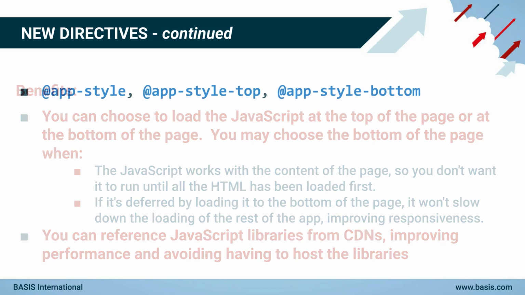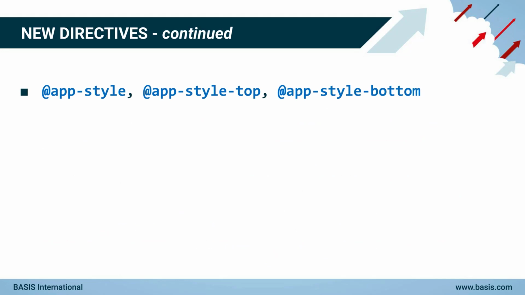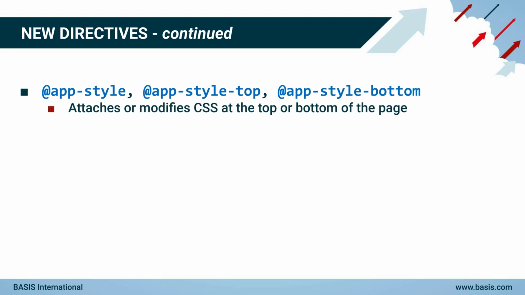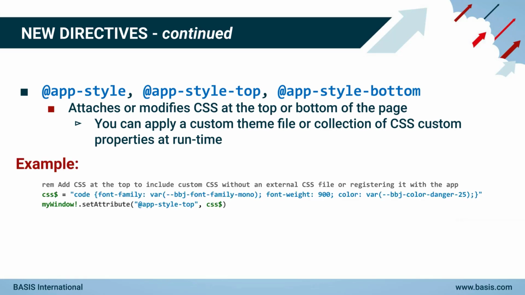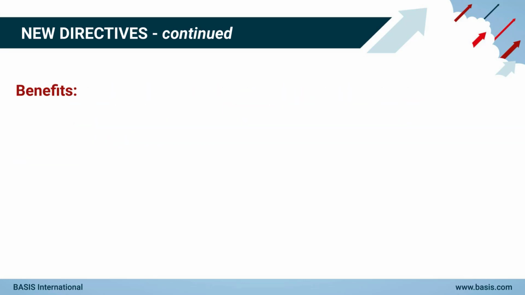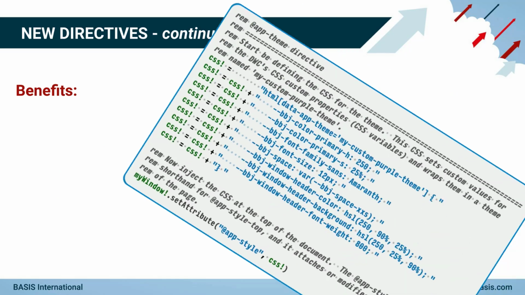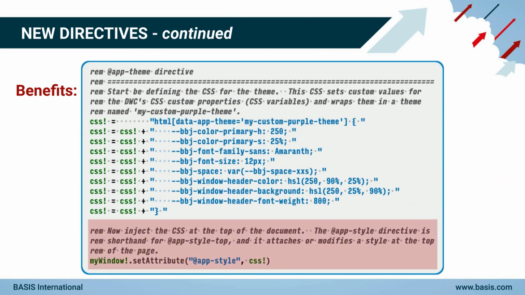The style directives let us add or change CSS styles, and it's an easy way to set custom styles at runtime, instead of needing to define them in an external file ahead of time and registering the file with the app in Enterprise Manager. We just saw an example of this in the directives demo, where we defined a custom theme and used this directive to inject the CSS into the page.